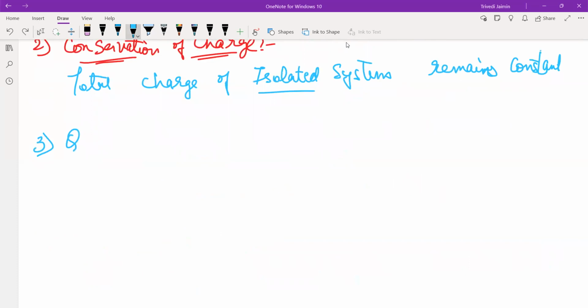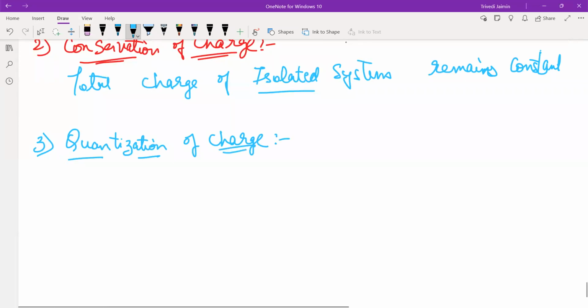Next is quantization of charge. Is this a new term for you? Yes, sir. Acha.